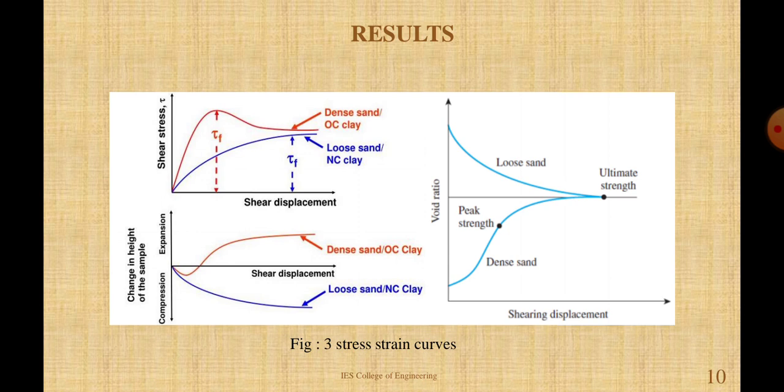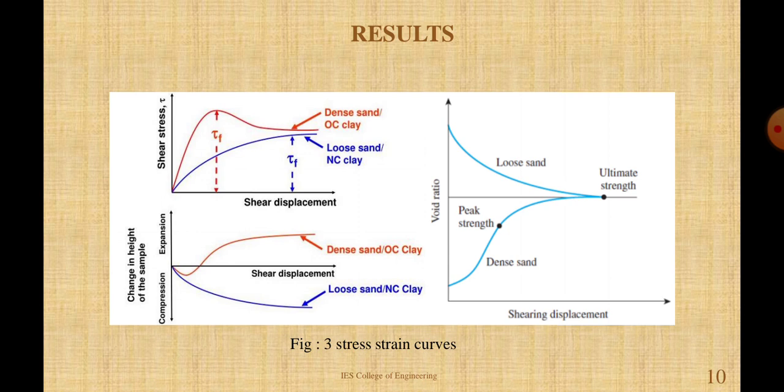With further increase in strain, the shear stress decreases slightly and becomes more or less constant. Also in case of loose sand or normally consolidated clay, the shear stress increases gradually and finally attains a constant value.